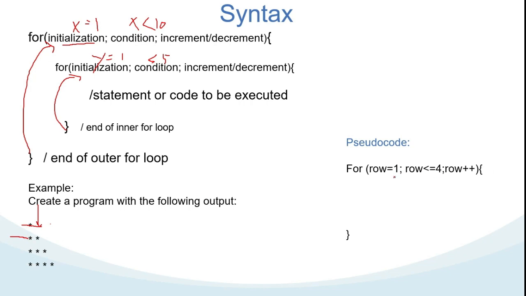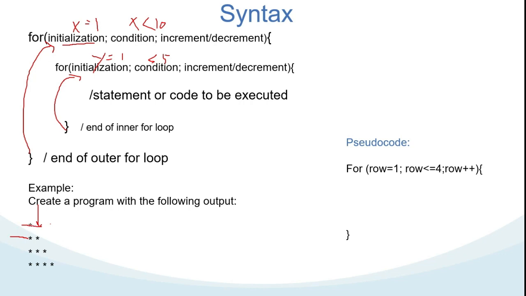So the initialization starts from 1, the condition to stop is 4, and then we increase it by 1 each time we are done executing the code to be executed. And then once we are here, we want to print the asterisk.